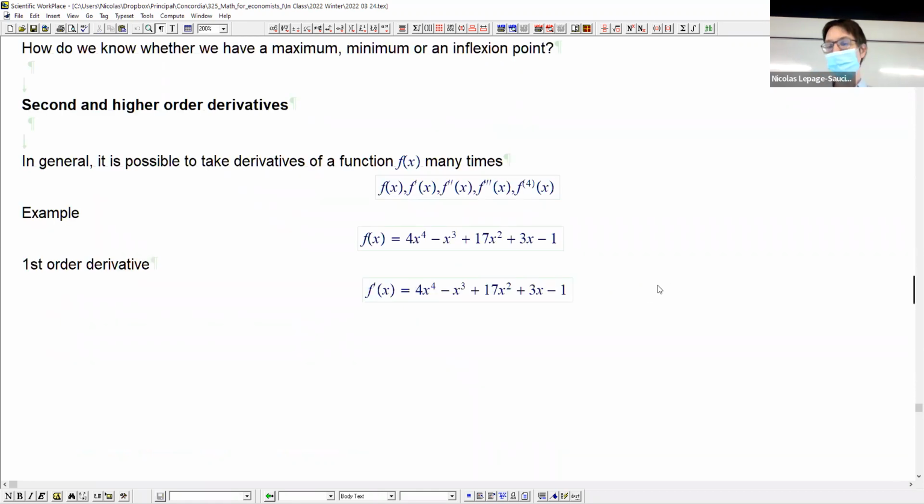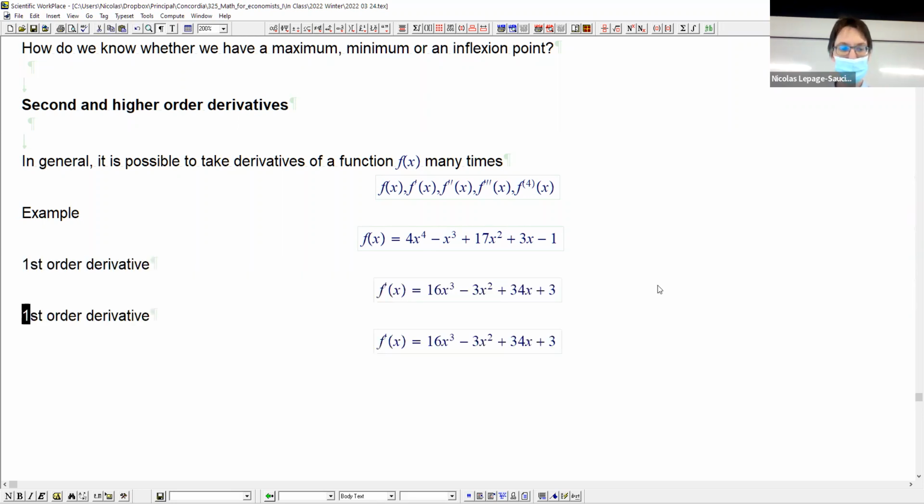In any function, if I have a constant term, I lose it. So this gives me 16x cubed minus 3x squared plus 34x plus 3. And this is my first order derivative.